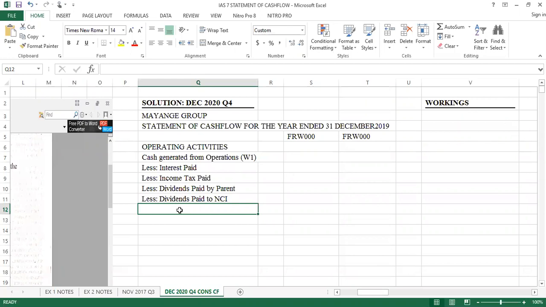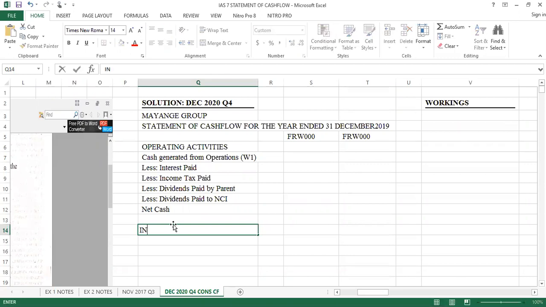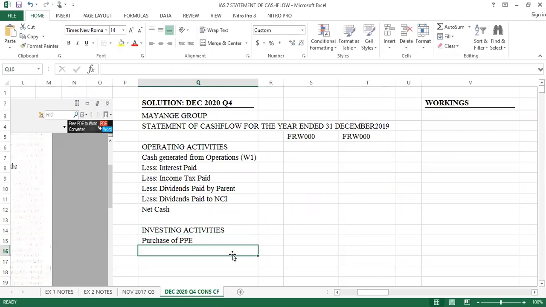And then what will we get? Net cash, I don't know whether it is from financing or investing activities. And then I will go to investing activities. Of course, I saw there was purchase of PPE. There was PPE that was purchased. We read it. That is the importance of reading additional information.